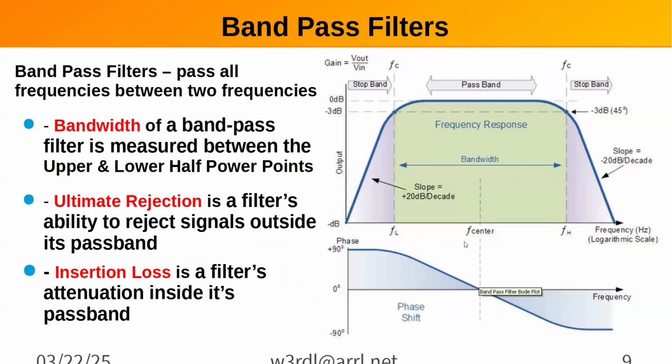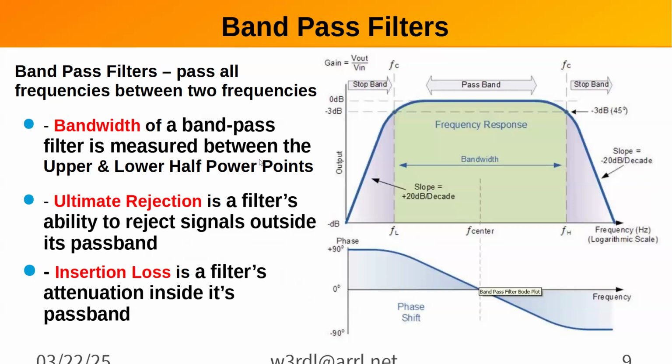And once again, you see that the phase changes. In this case, it's 0 at the center frequency of the bandpass, but it does go from plus 90 to minus 90 from one rejection region to the other.